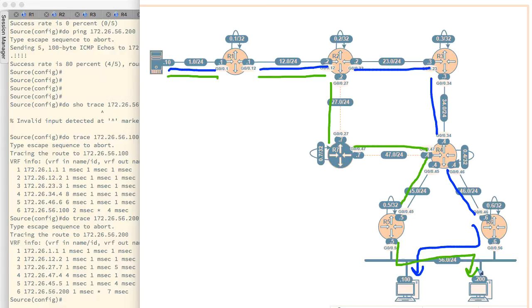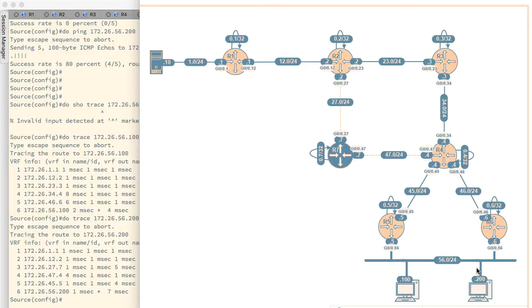So they're very diverse paths, and I'm pretty happy about that because we have just now made sure that all of our links are working. OSPF is working on all of those links. So now it's time to actually go ahead and configure multicast routing everywhere. Now, multicast routing will be on all of the routers in the topology. So from R1 to R7, every single router would have multicast routing.